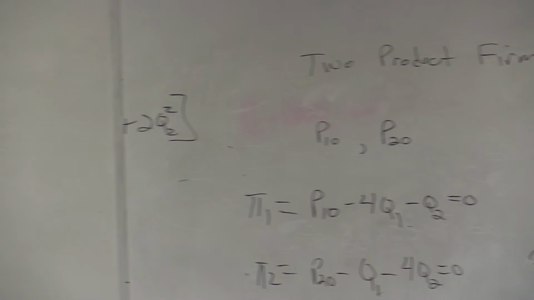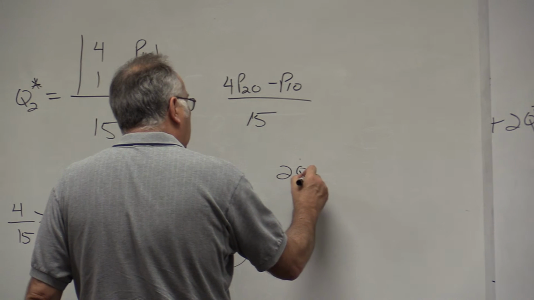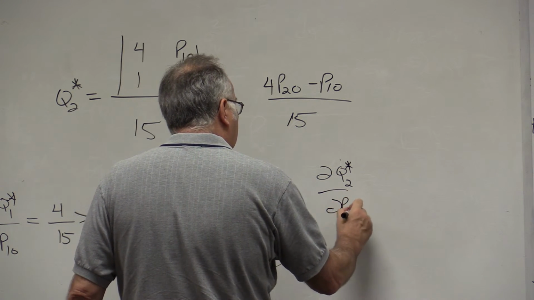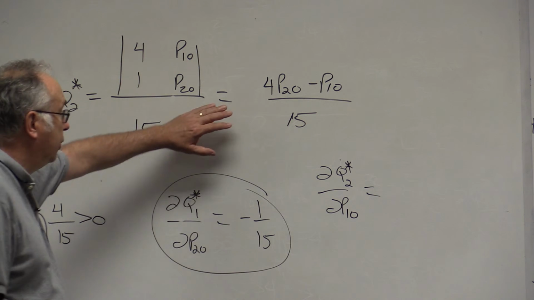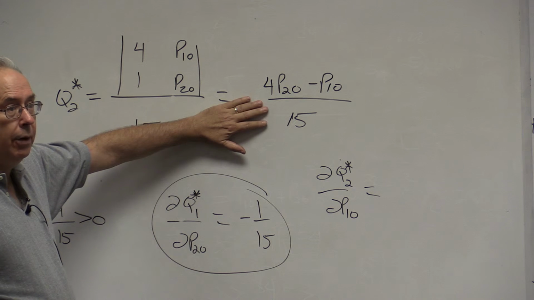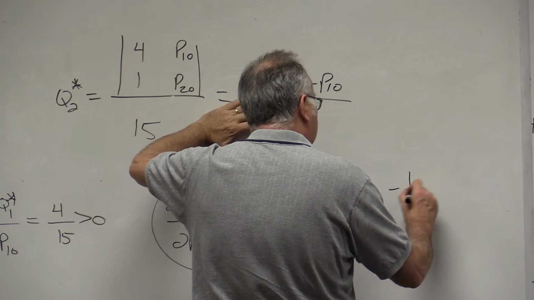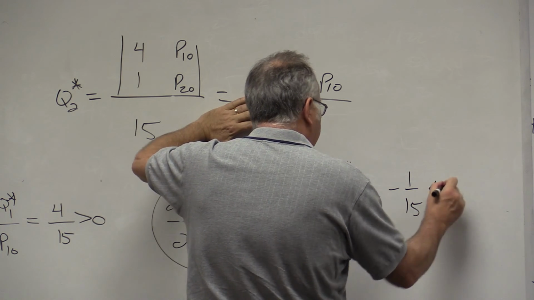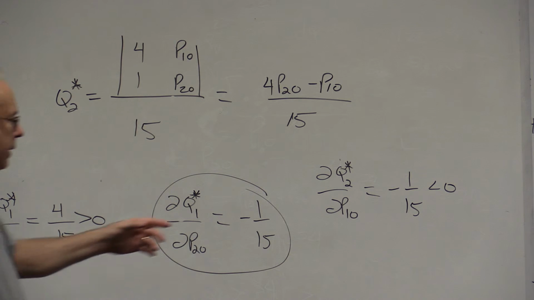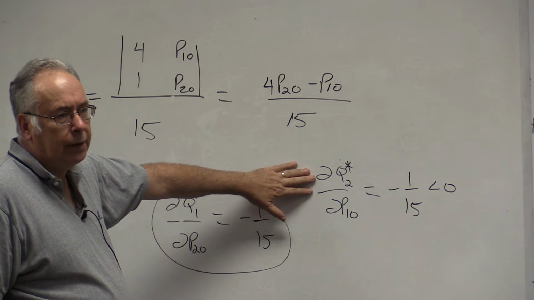Okay. Let's look at the others. They make sense too. What about partial Q2 star, partial P1? What is this partial derivative equal to? Anybody? Negative 1 over 15. It's negative. So this makes sense. As the price of product 1 rises, then the marginal cost of producing product 2 goes up.